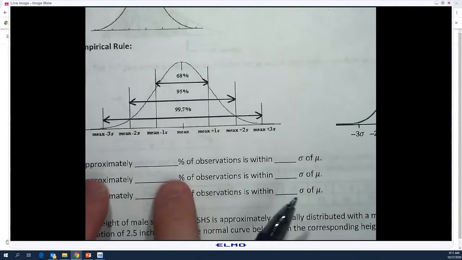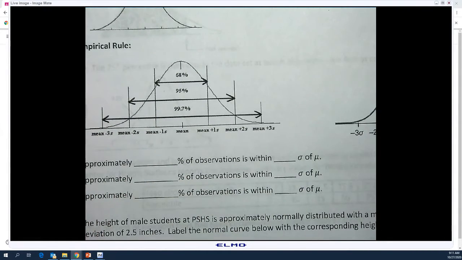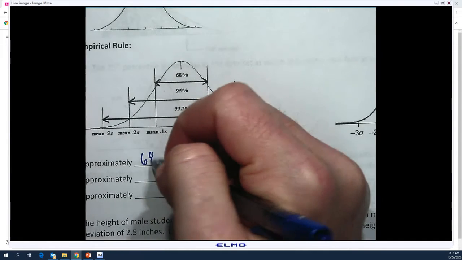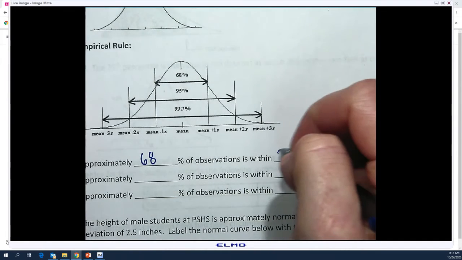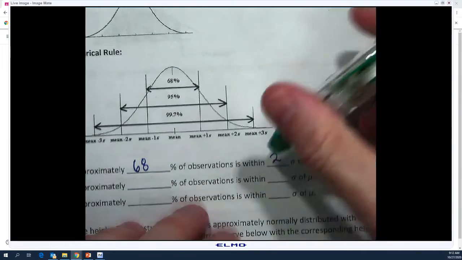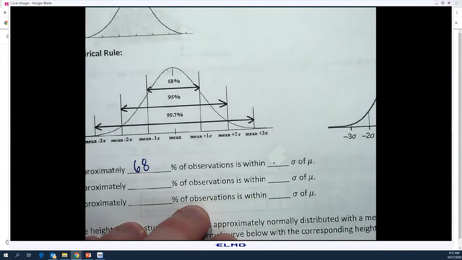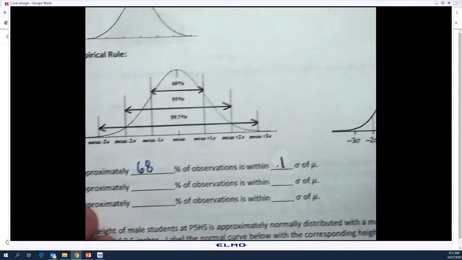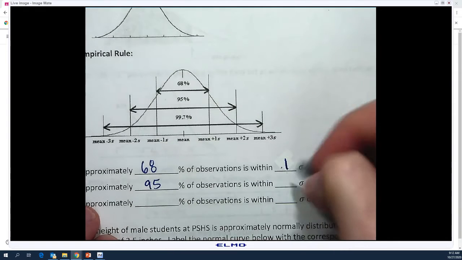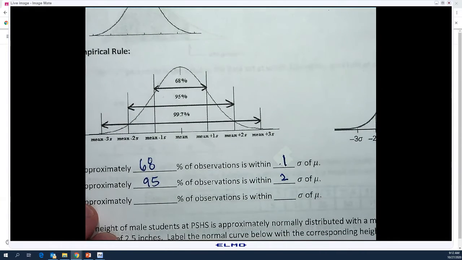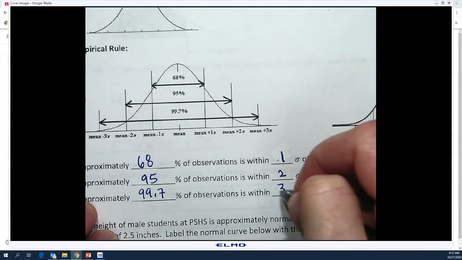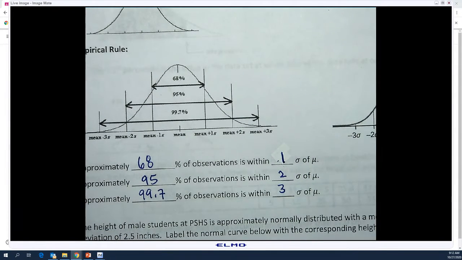So going through these really quickly, it says approximately 68% of observations are within 1 standard deviation of the mean. 95% of observations are within 2 standard deviations of the mean. And 99.7%, almost everybody, is within 3 standard deviations of the mean. It is very rare to ever see anybody more or less than 3 standard deviations above or below the mean.